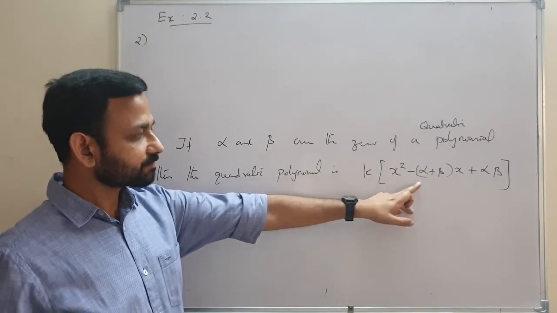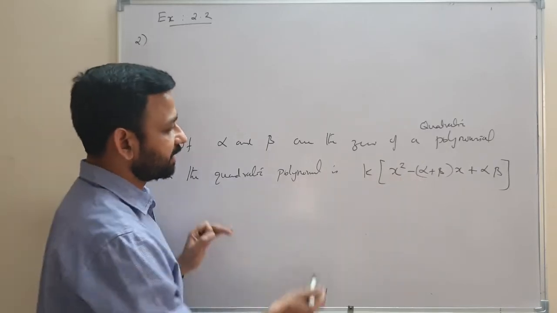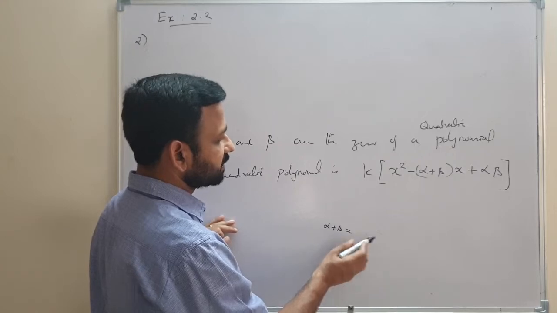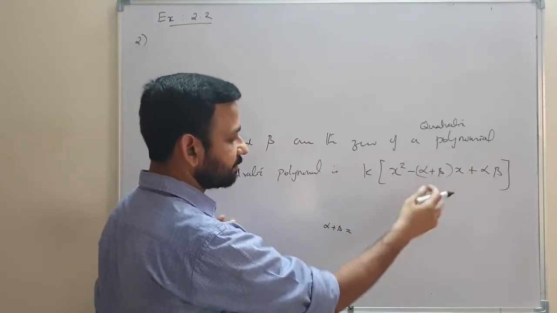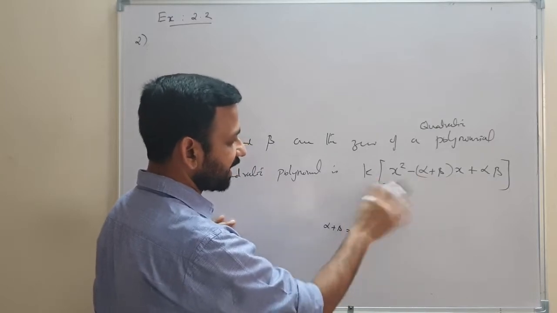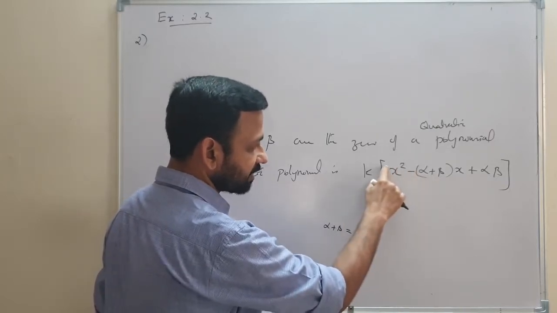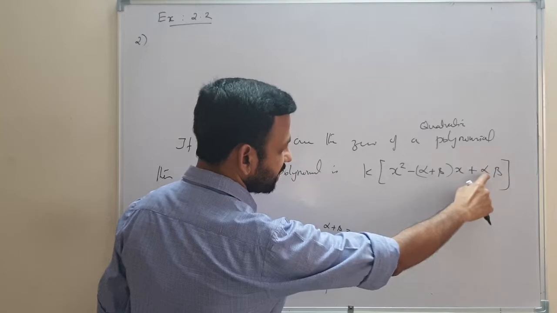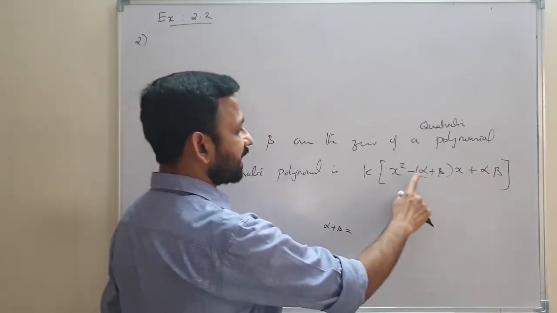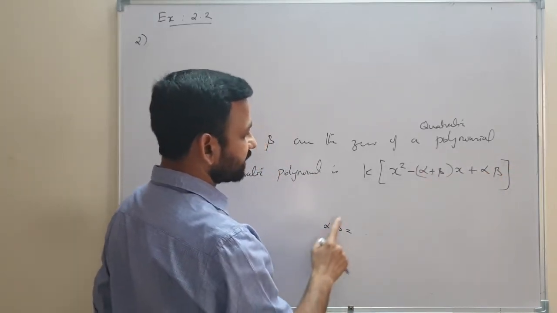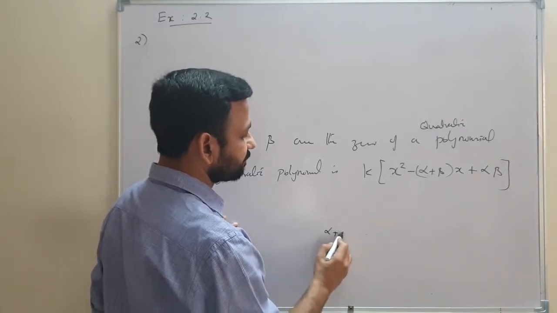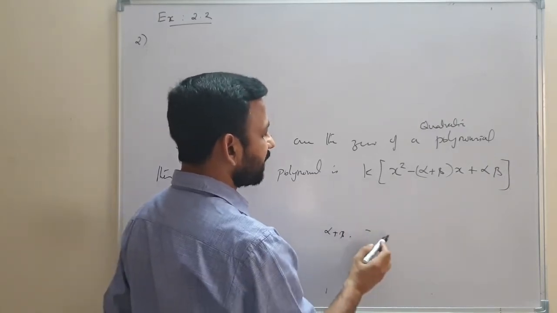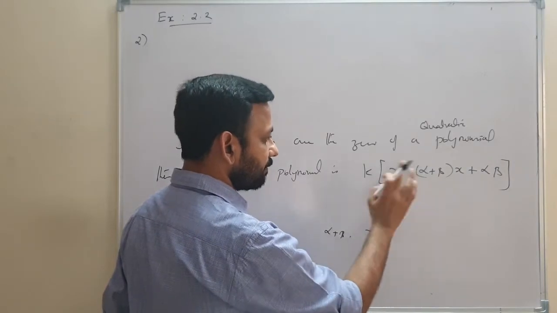And here, alpha plus beta is minus b by a. That is actually minus of alpha plus beta. Here a is 1, c is alpha beta and minus b is minus of alpha plus beta. So sum of the zeros, alpha plus beta, is minus b by a.